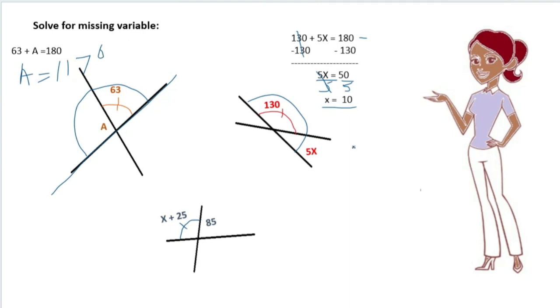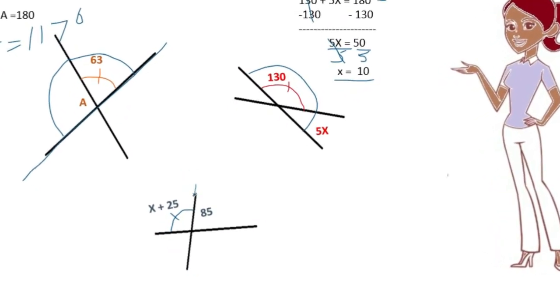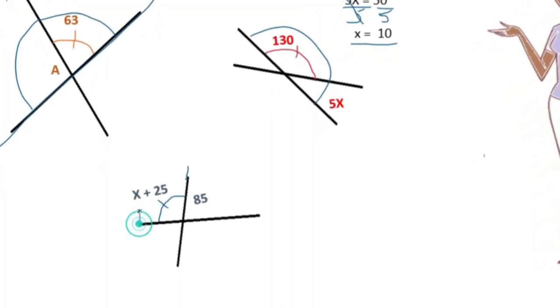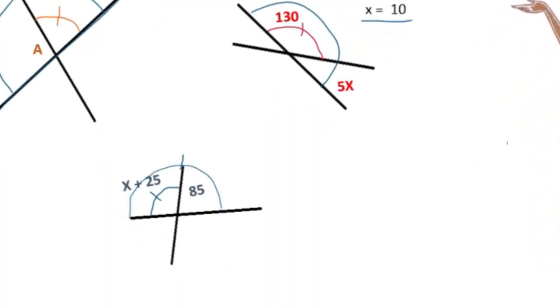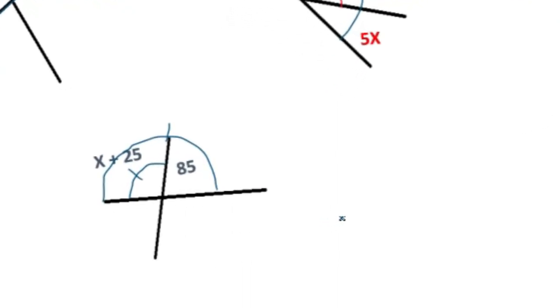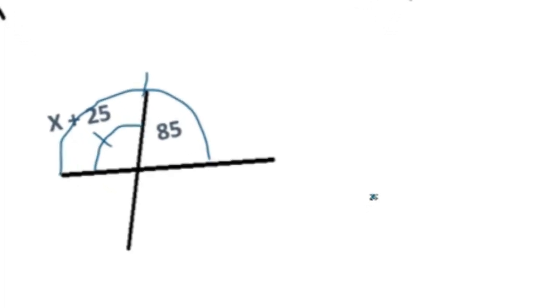So let's take a look at our last problem. We have x plus 25 on one side of this line here. So we are going to add x plus 25 plus 85 and set that equal to 180.